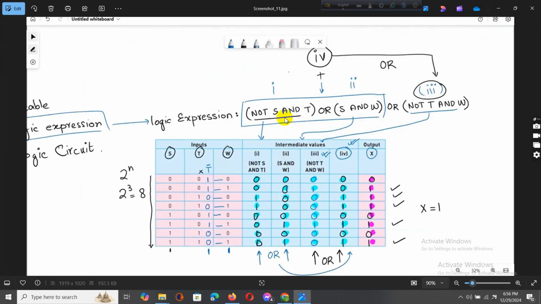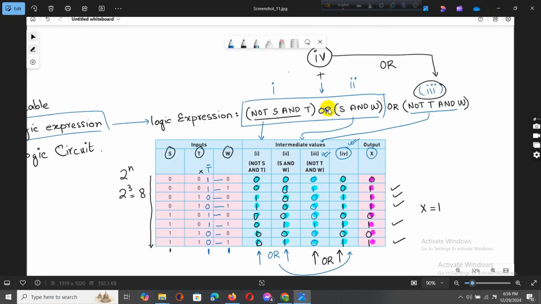Now we have to do the OR operation, or addition, between the first and second expressions. So we select the first column and second column, and we do the addition or OR operation between these two expressions.